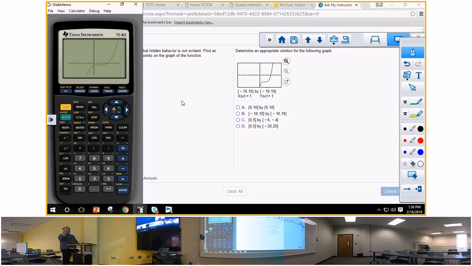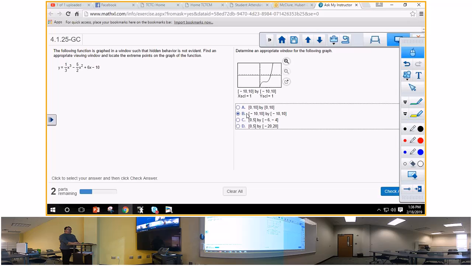So they're trying to find the best one. It looks to me that the best one is probably the -10, which would be B, because it would have a Y min of -10, a Y max of 10, an X min of -10, and that would give you a good picture.